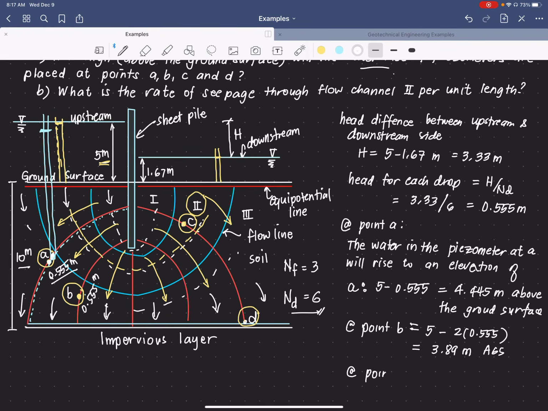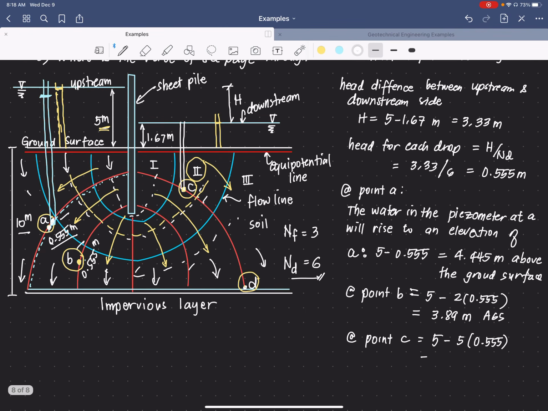At point C, the reading at the piezometer would be, where is that? C? Here, if we place a piezometer here, there would be a drop of 1, 2, 3, 4, and 5. So we have 5 minus 5 times 0.555, and that would be 2.225, also above the ground surface.